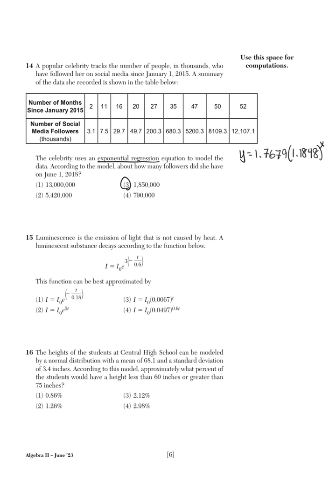Okay. All right. Now this is where the somewhat tricky part comes in. They want to know how many followers she had on June 2018. June 2018 when we started in January 2015. So I would ask myself, all right, how much time goes by from January of 2015 to June of 2018?